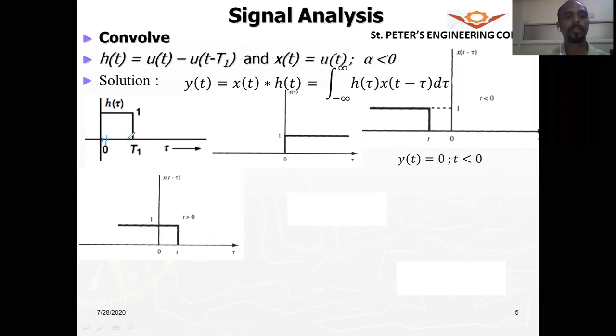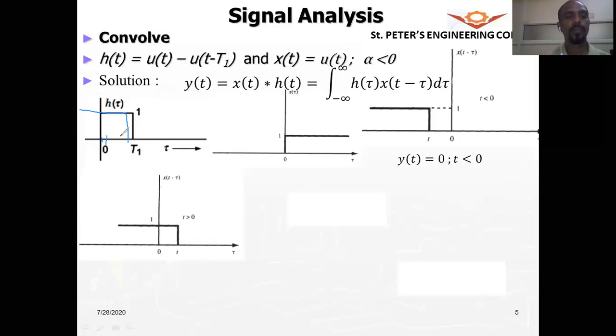For all these, it starts there and goes on up to infinity like this. This blue signal is our x of t minus tau, which I have drawn over the h of tau signal. Now, where is the region of overlap? This is the region of overlap. If it was starting here, then this would be the region of overlap.